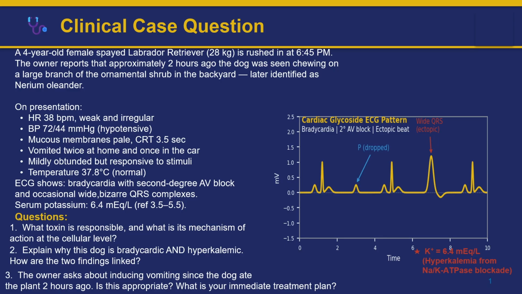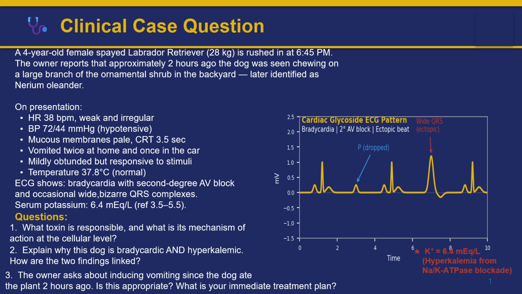When sodium-potassium ATPase is blocked, intracellular sodium rises. Because intracellular sodium is elevated, the sodium-calcium exchanger, which normally extrudes calcium by using the sodium gradient, runs in reverse or at reduced capacity. Intracellular calcium accumulates.